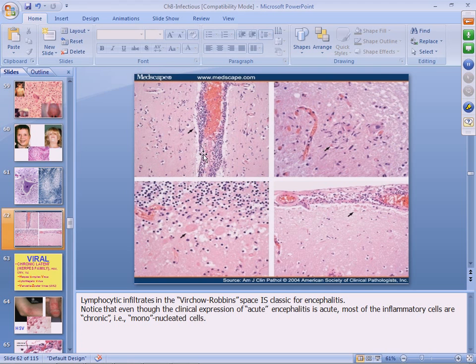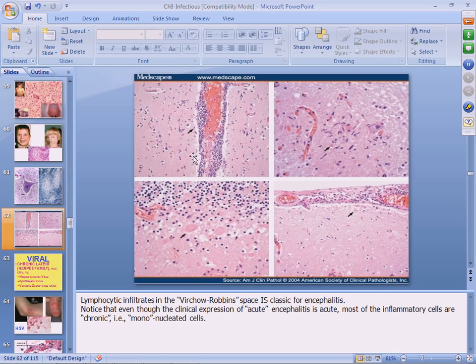Even though we call this an encephalitis, a non-specific term for inflammatory disease, in this case an infectious inflammatory disease of the central nervous system, the pattern of inflammation is almost always perivascular.